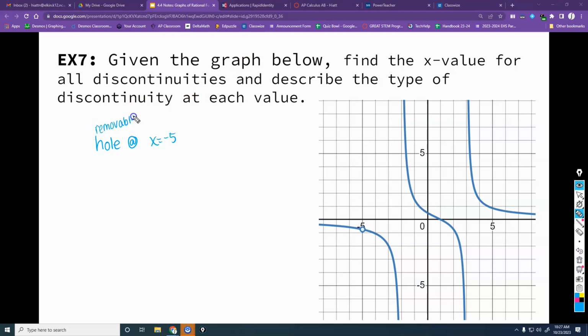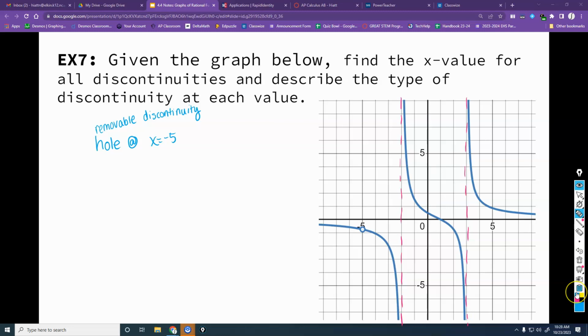That is something I probably should be using, because I'm not sure what they might use on the actual exam. So you got a hole at -5. We have some vertical asymptotes. Looks like I've got one right here, and another one right here.